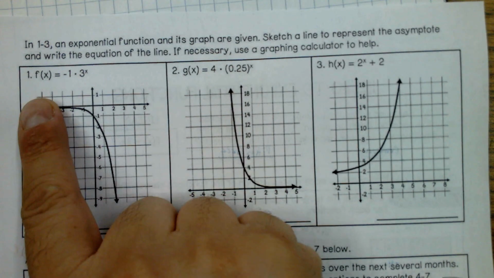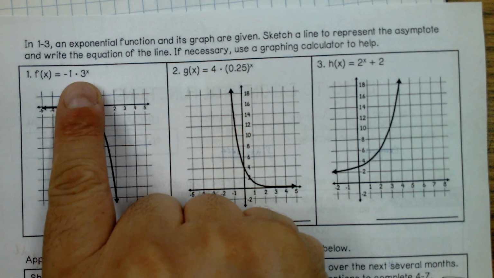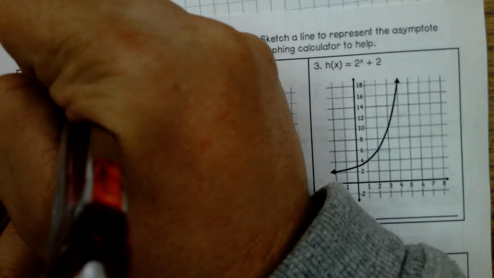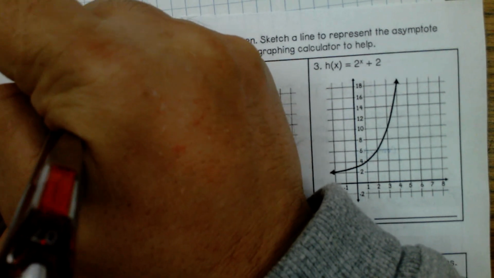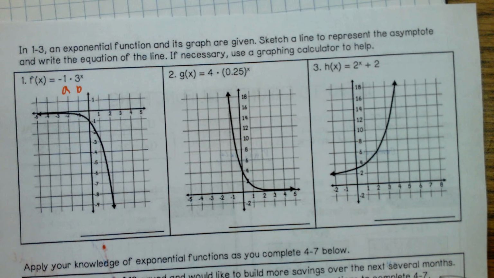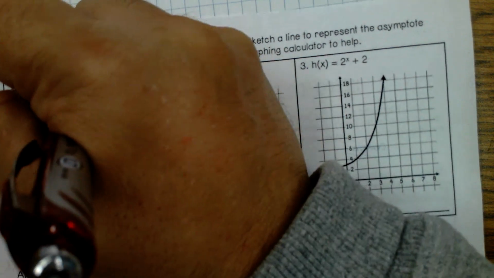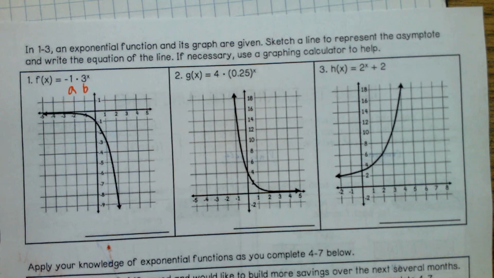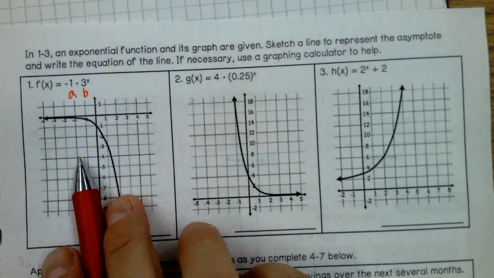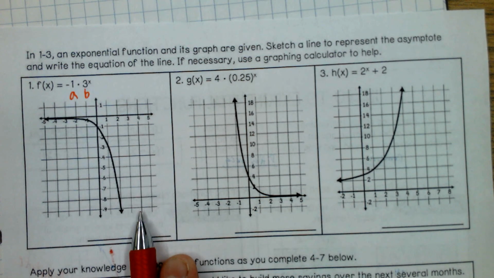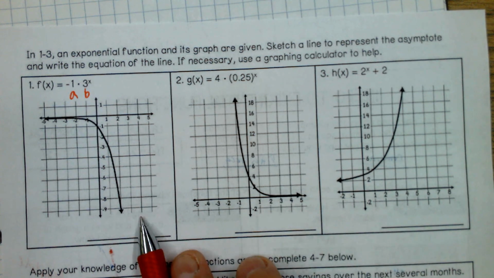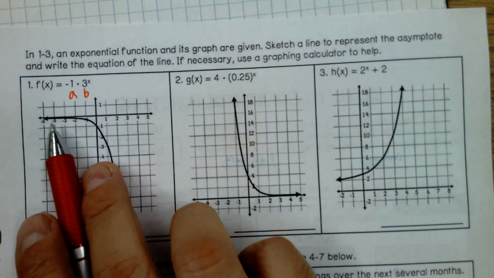So here's this f of x equals -1. So this is your a value. And 3 is the b value. Okay. And then just study the graph. So this graph is decaying, it's decreasing.